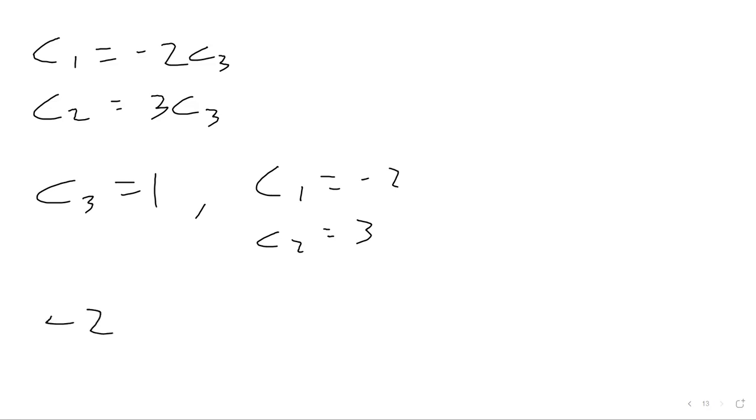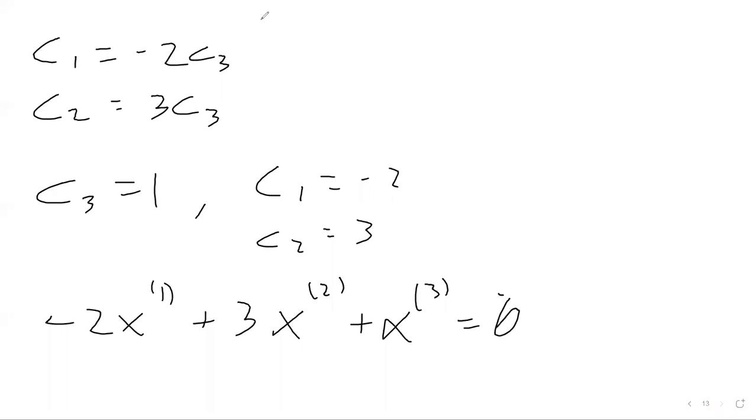So negative 2 x1 plus 3 x2 plus x3 is equal to the 0 vector, and these x's should be vectors as well.